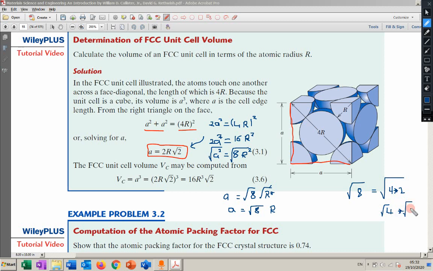That's why we can rewrite it in this manner: root 8 is 2 root 2. So instead of root 8 R, you can write 2 root 2 R.